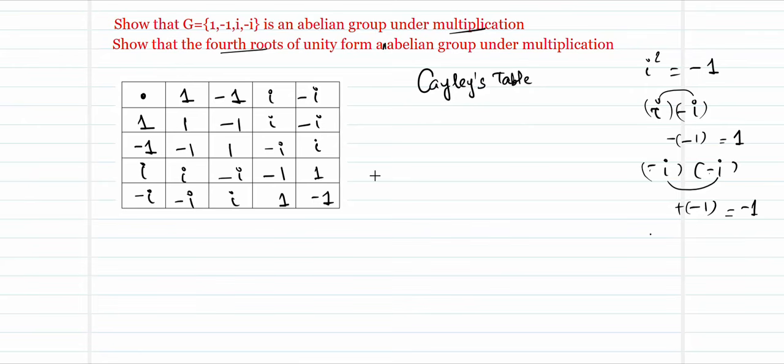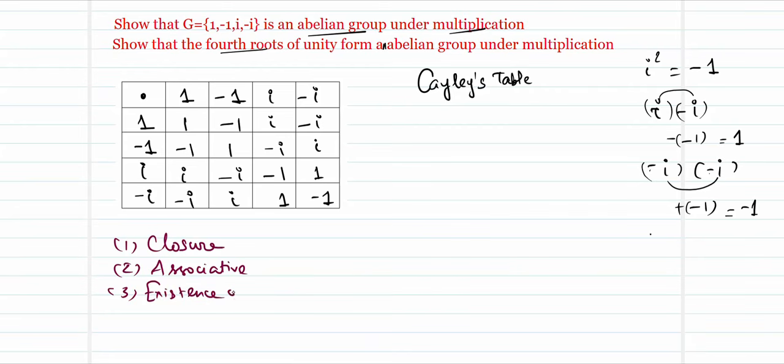Now coming to the question, we need to recollect the conditions to be satisfied for a group: condition number 1, closure; condition number 2, associativity; condition number 3, existence of the identity element; and condition number 4, existence of the inverse.